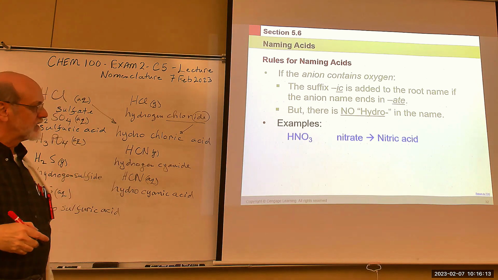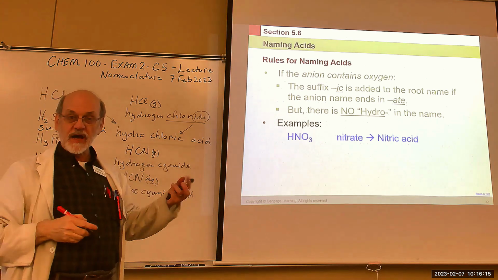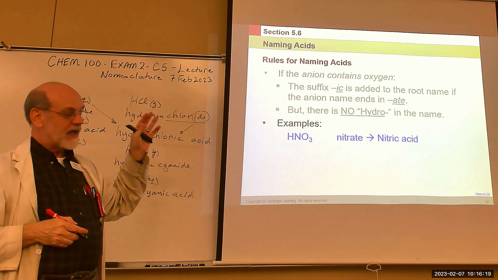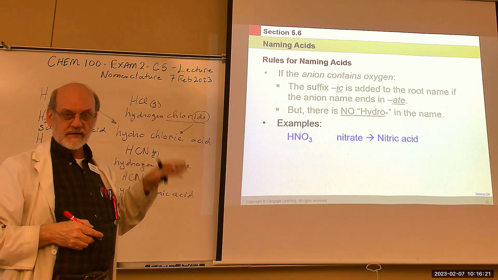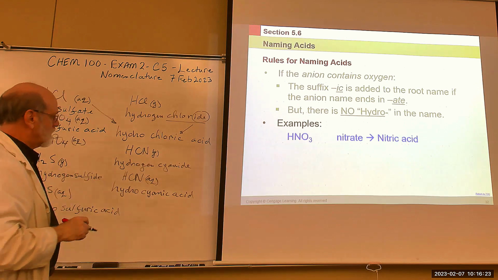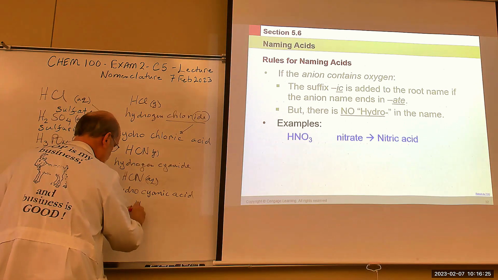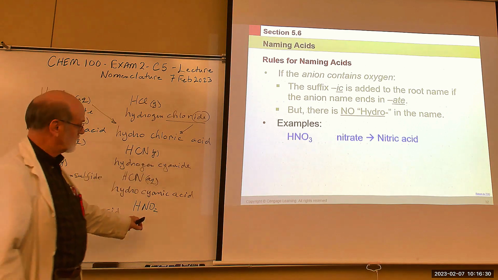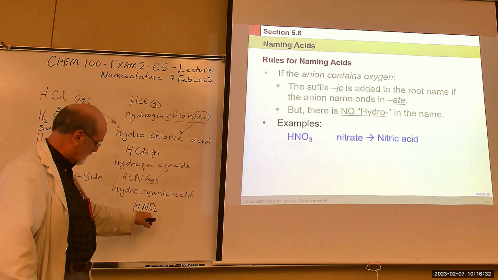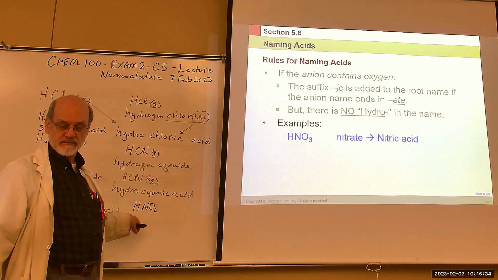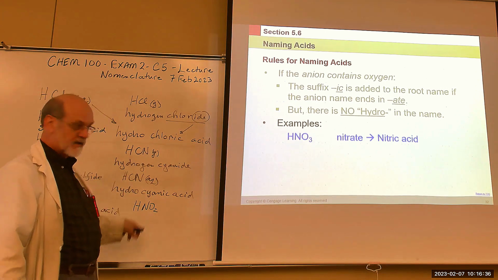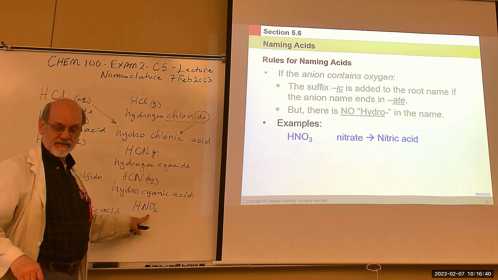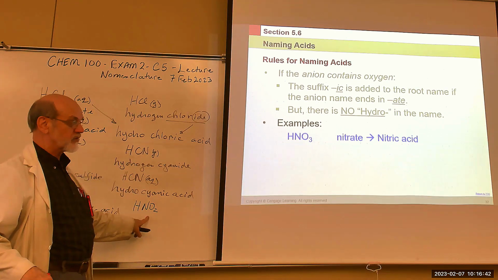Or nitrate is the polyatomic part of this acid. Ate becomes ic, so it's nitric. What if it's HNO2? Right, that's possible. This is a -1 with a plus hydrogen. This polyatomic is nitrite, not nitrate.